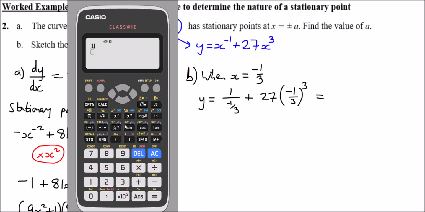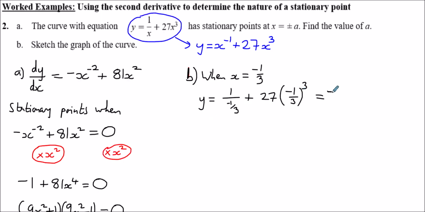So 1 over minus 1/3 plus 27 lots of minus 1/3, all cubed. That gives us minus 4. So therefore, minus 1/3, minus 4 is a stationary point.